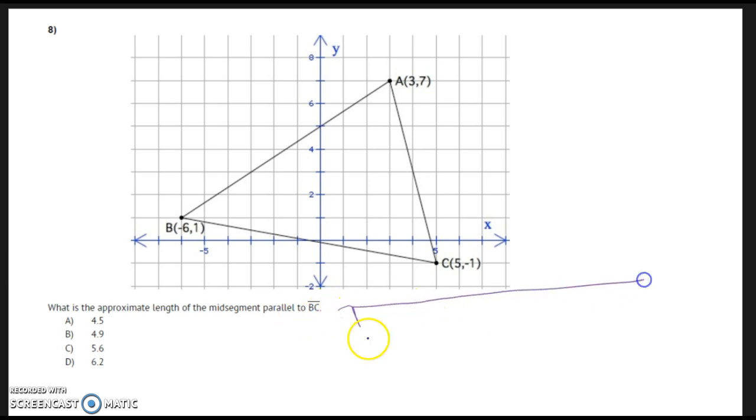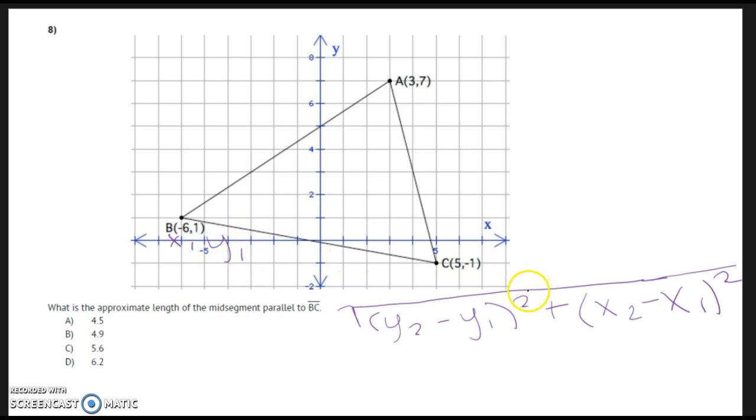Remember the distance formula, square root of y2 minus y1 squared plus x2 minus x1 squared. So you just plug in your points that you're given, and let's let B be our x1, y1, and C be our x2, y2.